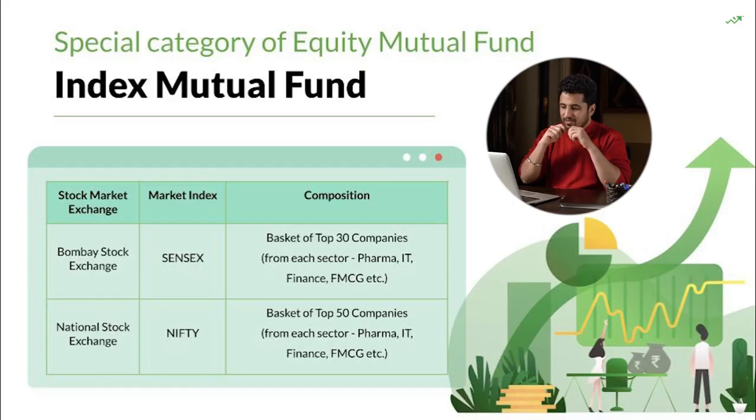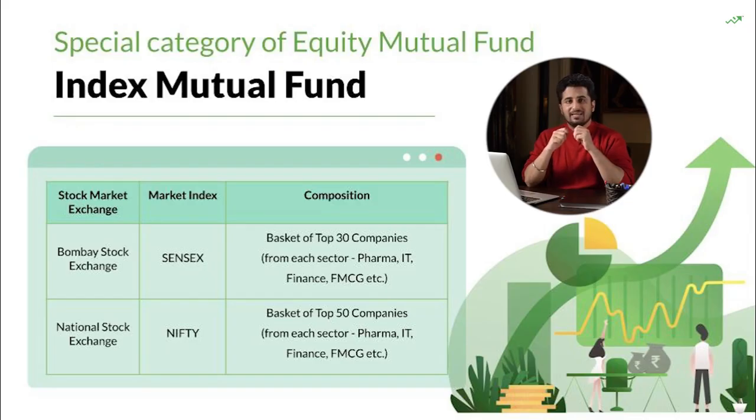Using this exact same analogy, coming to the Indian stock market. There are 2 major stock markets in India, the National Stock Exchange and the Bombay Stock Exchange. The index of the Bombay Stock Exchange is called the Sensex. The index of the National Stock Exchange is called the Nifty.